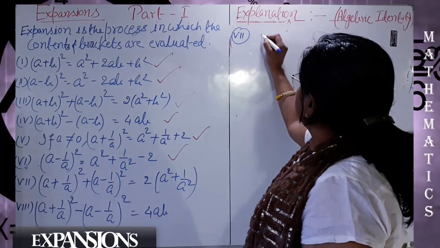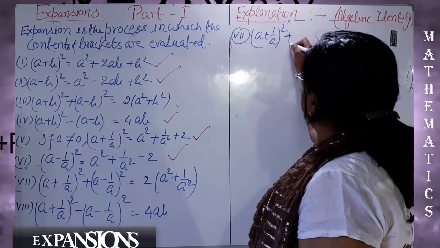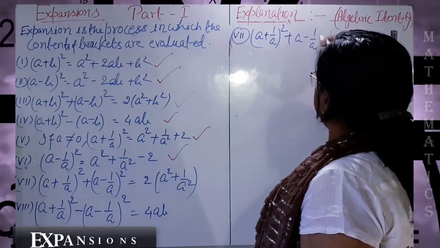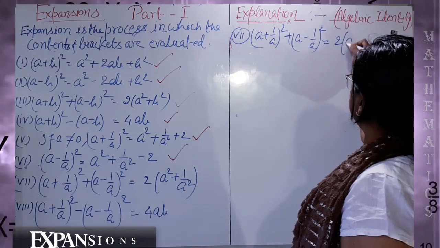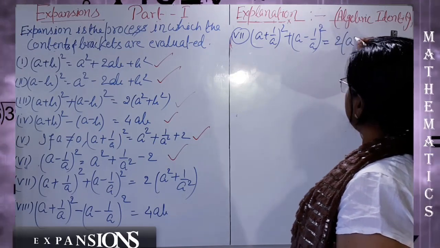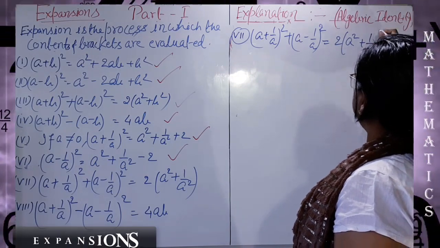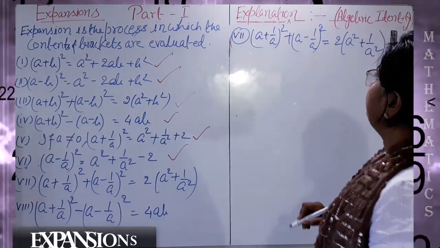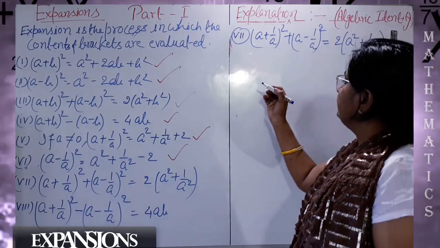Seventh number is a plus 1 by a whole square plus a minus 1 by a whole square is equal to 2 into a square plus 1 by a square. Now, the proof.